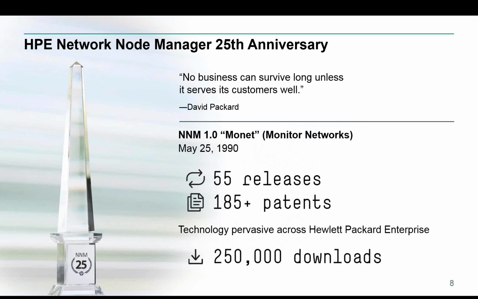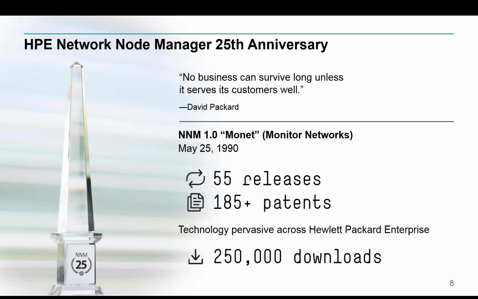Network Node Manager was initially introduced in 1990. It was codenamed Monet for monitor networks. We've had about 55, I think now 56 releases of the product, and well over 185 patents in terms of intellectual property have gone into Network Node Manager over the course of its life. And the technology that we've developed in NNM has become pervasive throughout Hewlett-Packard Enterprise.